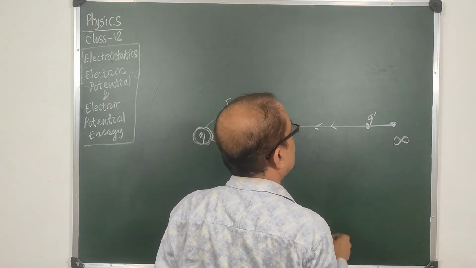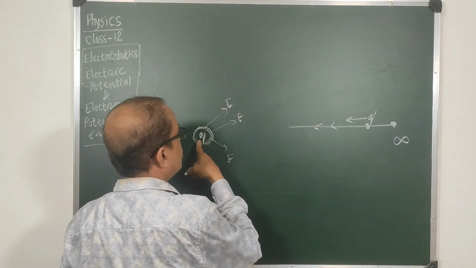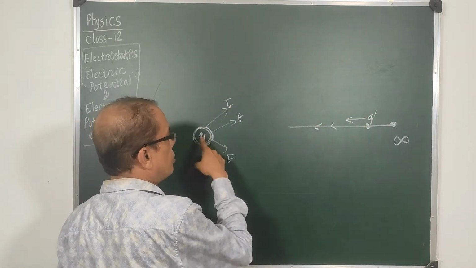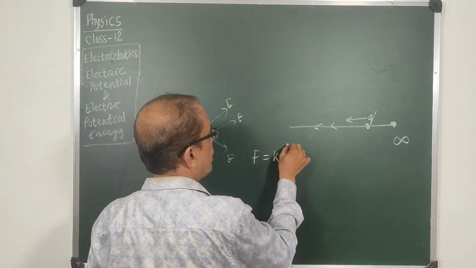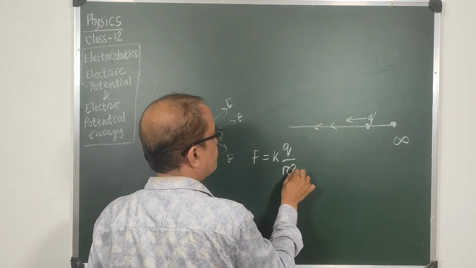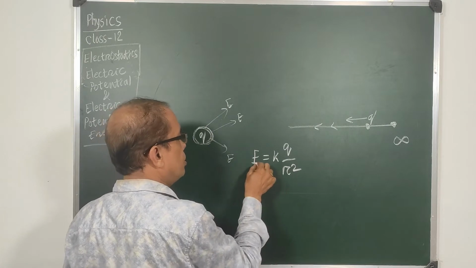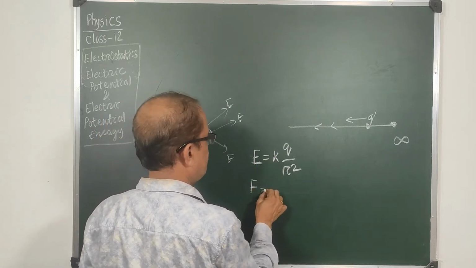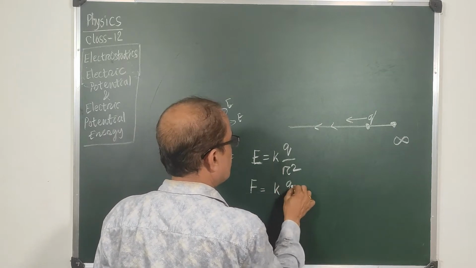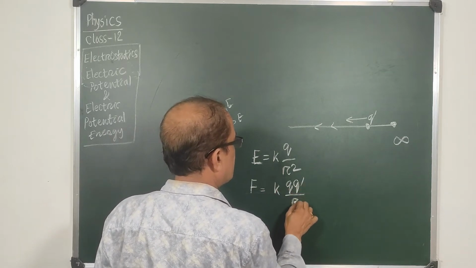Suppose this charge is q dash, it is brought closer to this charge. The field E is k q by r square, and the force F is k q dash by r square.